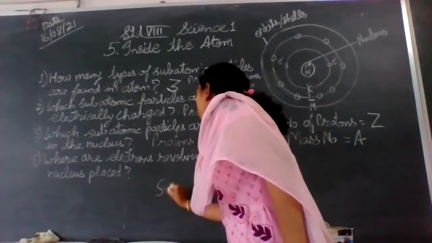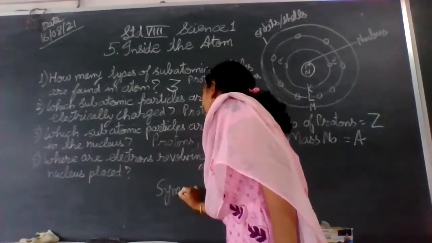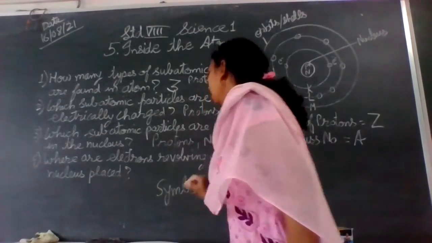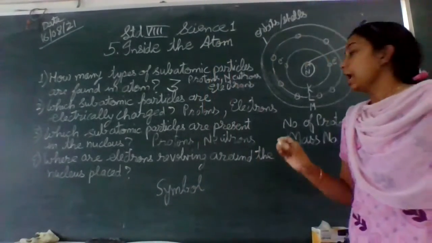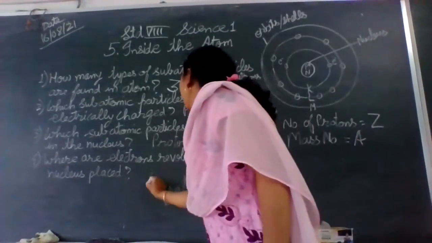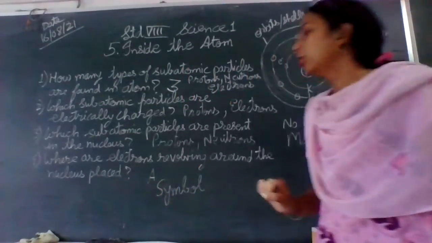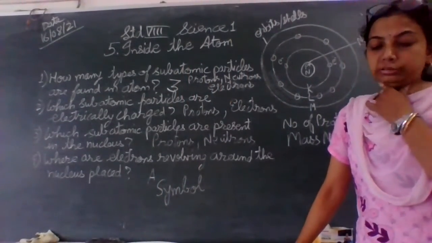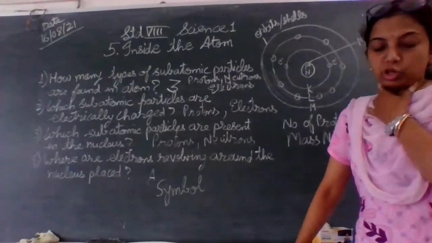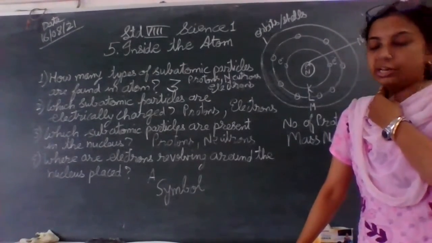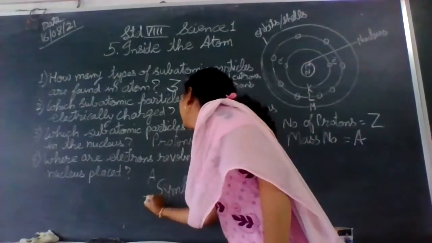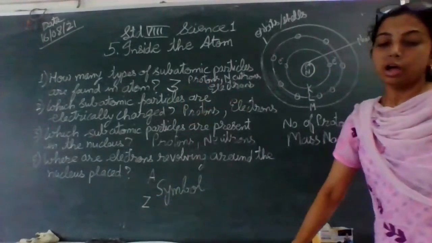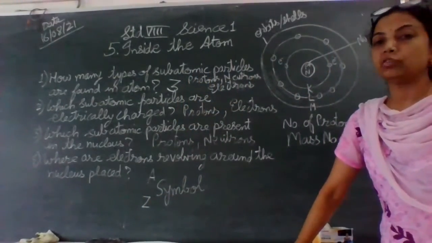The symbol of the element is written, the atomic mass number is written at the top on the left hand side of the symbol, and the number of protons, that is Z, is written at the bottom of the symbol. That is the pattern followed.